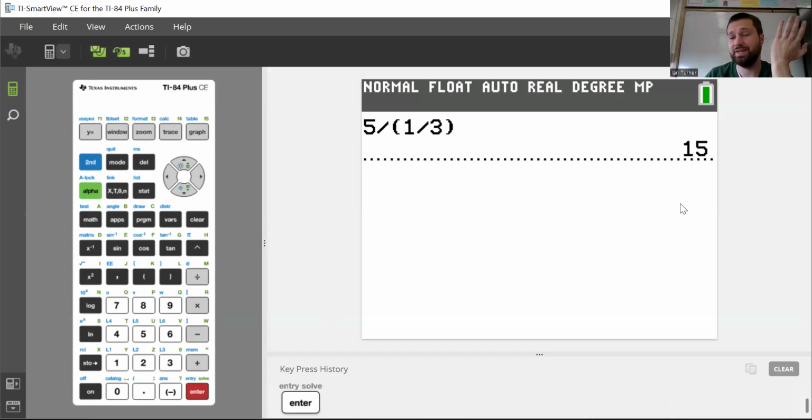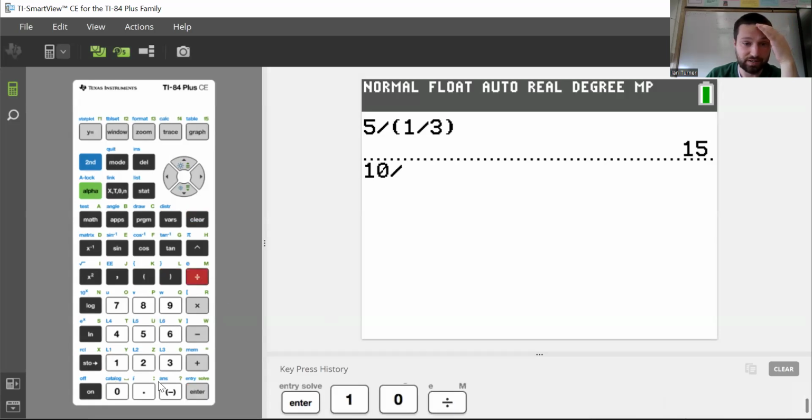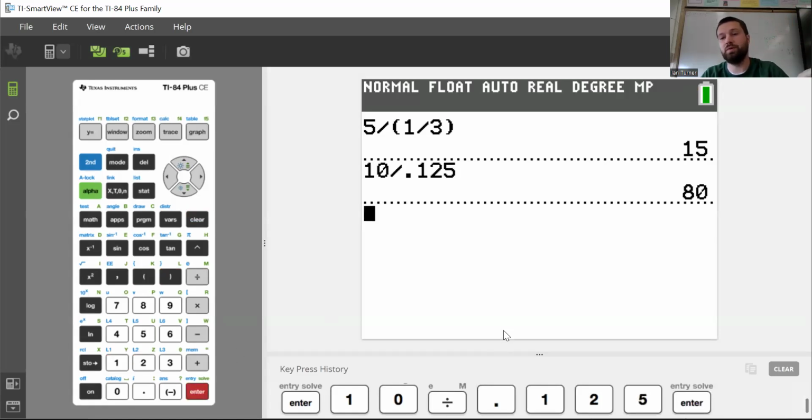Hopefully I'm not in the way there. It gets bigger. It's 15. If you do 10 divided by, let's just come up with a small decimal, 1.25, it gets bigger. Okay, so just keep that in mind as you're doing these. If you divide by a fraction that's under 1, you're going to get a bigger number, okay?